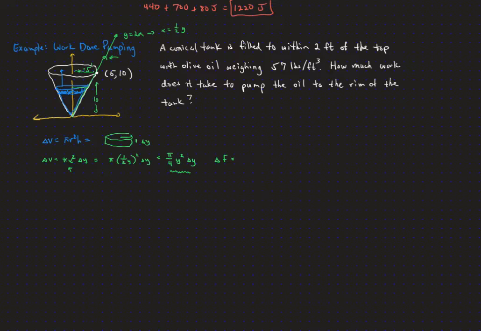We take that volume, pi over 4 y squared delta y, in cubic feet, and multiply it by the weight density of that olive oil, 57 pounds per cubic foot. The cubic feet cancel, and we get 57 pi over 4 y squared delta y as our delta force.